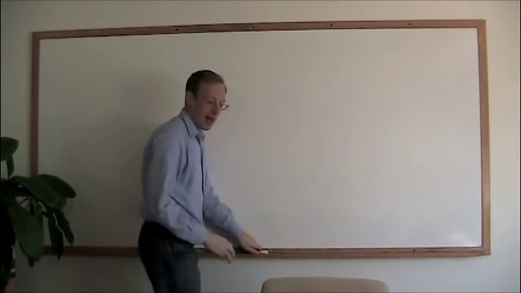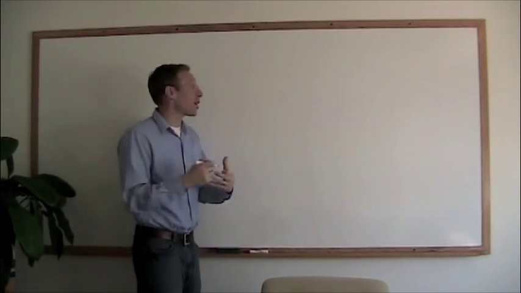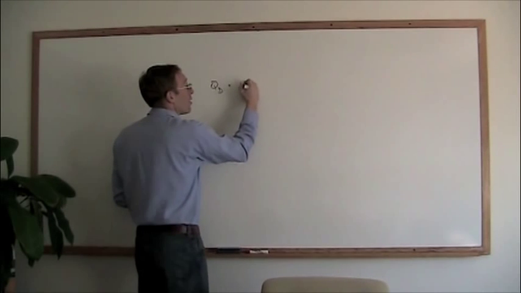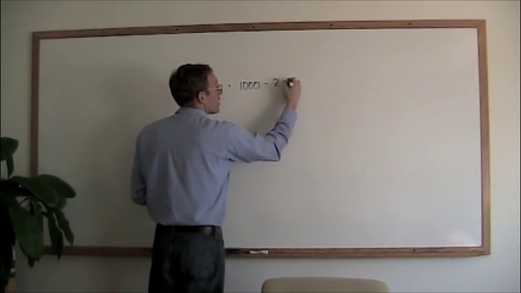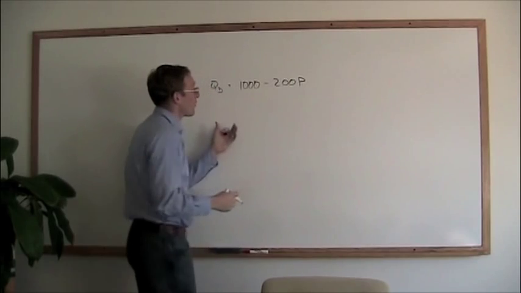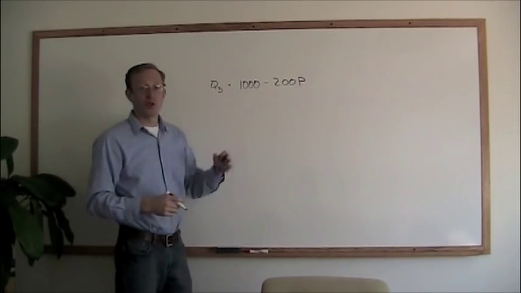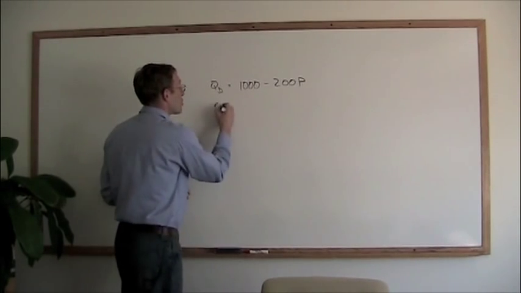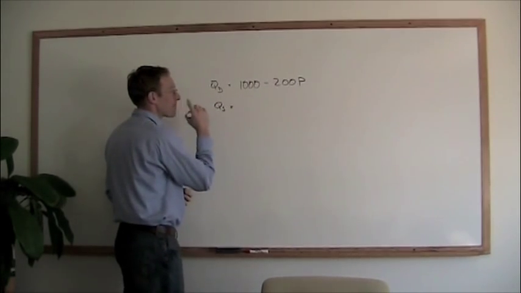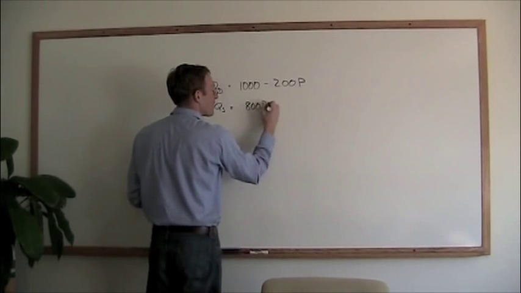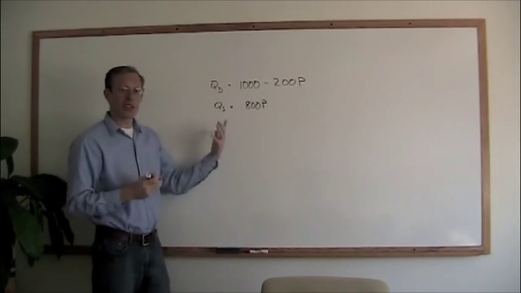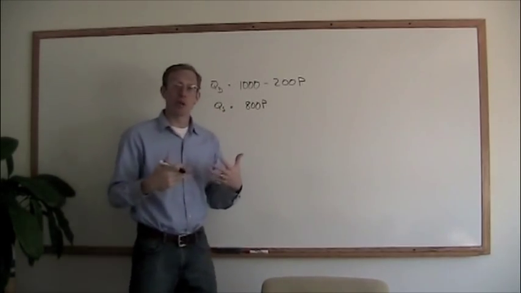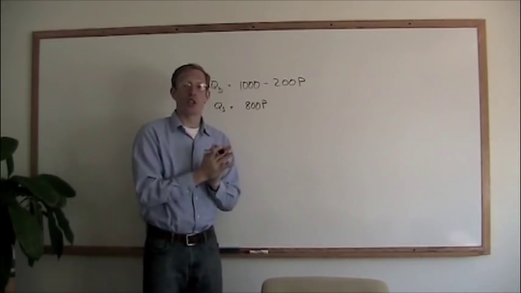And let's say that we have a demand curve that takes the form of this: QD is equal to 1,000 minus 200p. This is just a linear equation. And if our supply looks like, let's say, this, just a basic setup, what we want to do is find the equilibrium price and the equilibrium quantity for this equation.